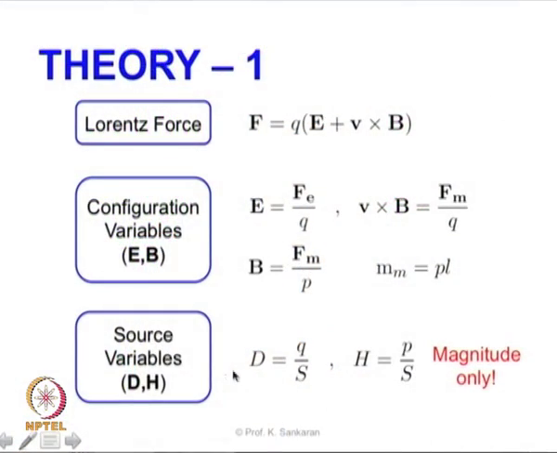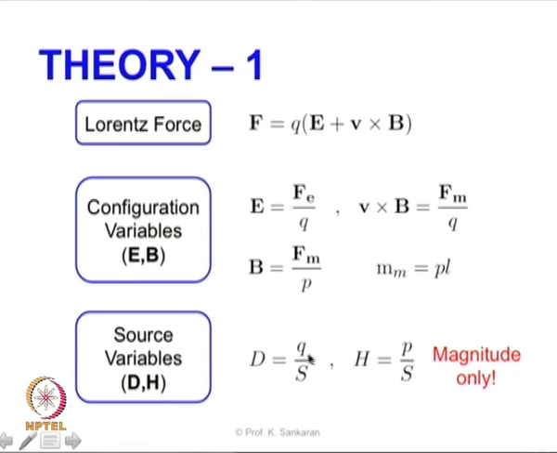What we are doing now is setting the basis for using the right topological association for those field quantities. In fact, we will not even need those field quantities, I told you before, but we have to set the right foundation to associate them, and you will see the reason why we are doing that in our next slides. We have used the word source variable and configuration variable.